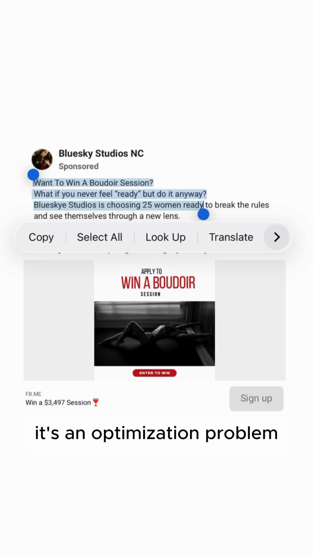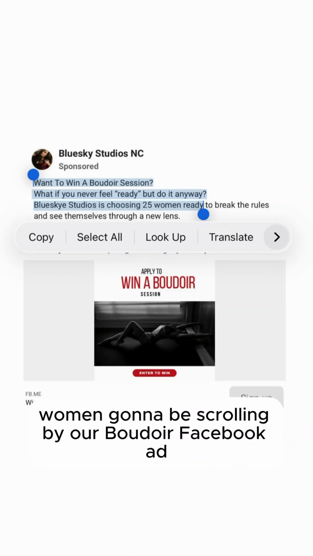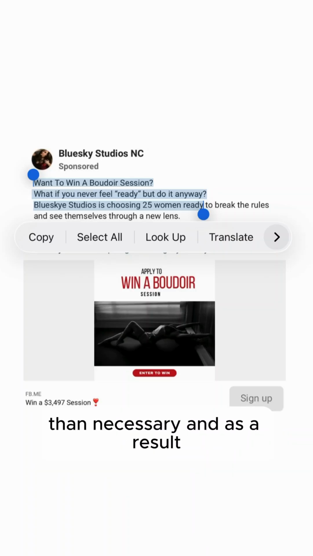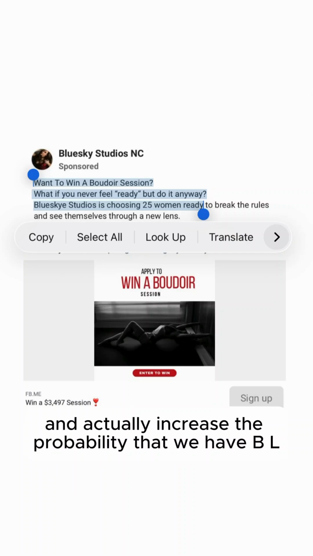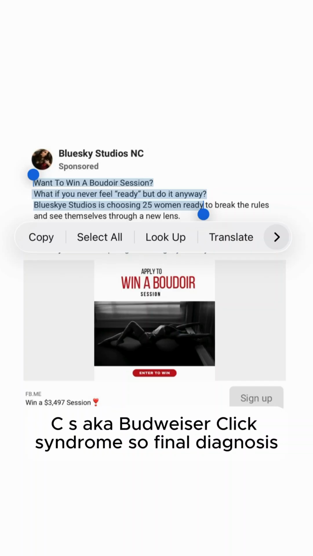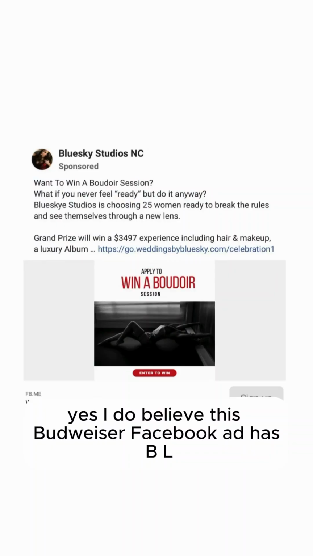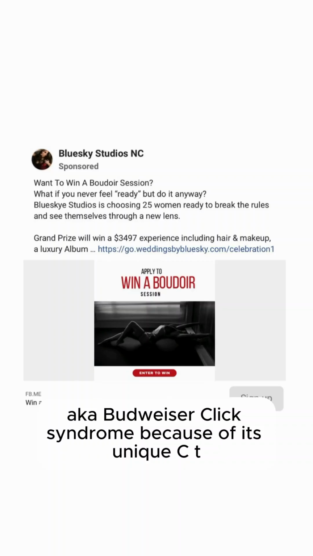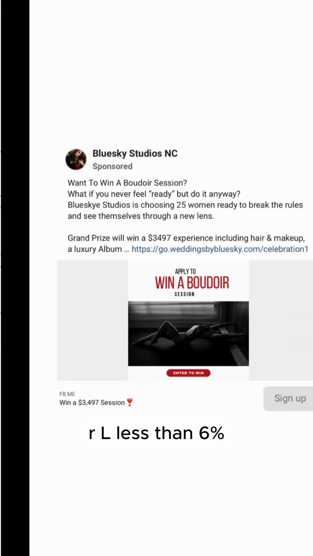It's an optimization problem. So the consequence is way more women going to be scrolling by our Boudoir Facebook ad than necessary, pulling our unique CTR under 6% and increasing the probability that we have BLCS, aka Boudoir low click syndrome. So final diagnosis: yes, I do believe this Boudoir Facebook ad has BLCS, because of its unique CTR being less than 6%.